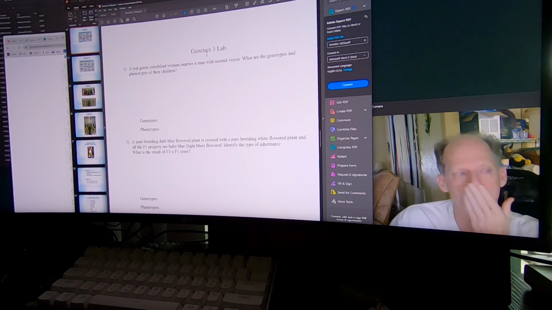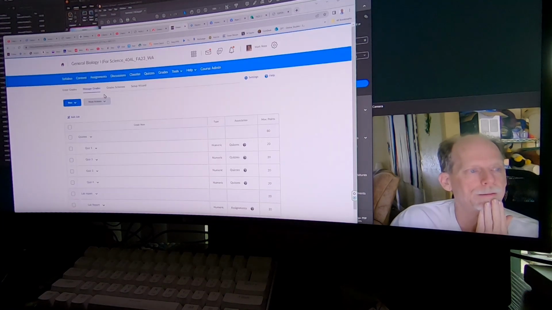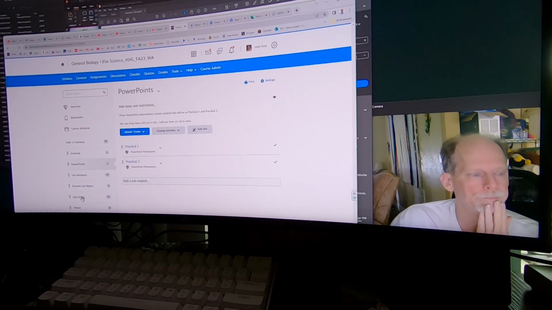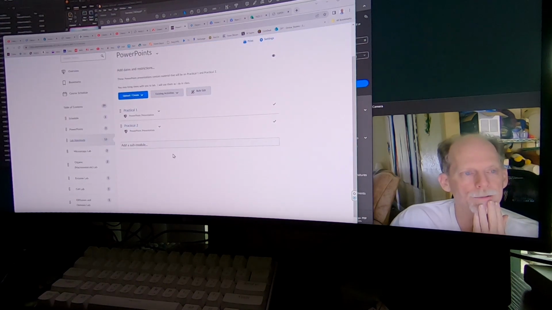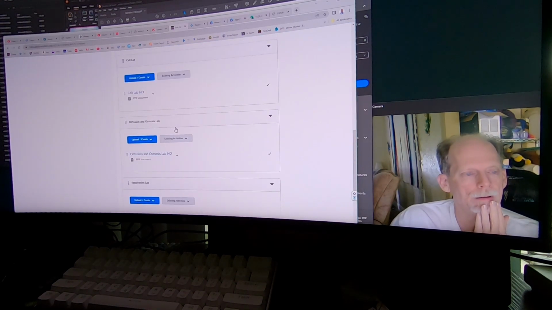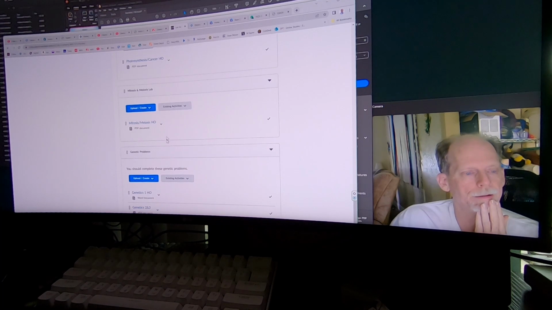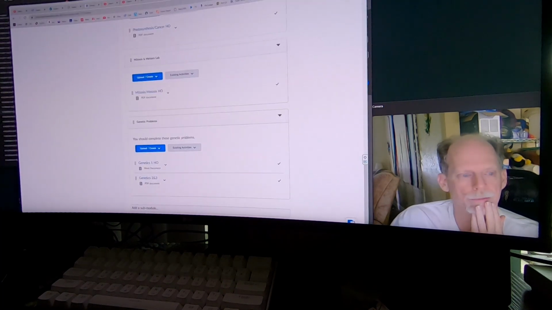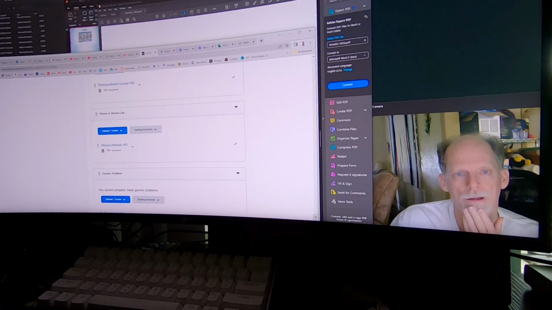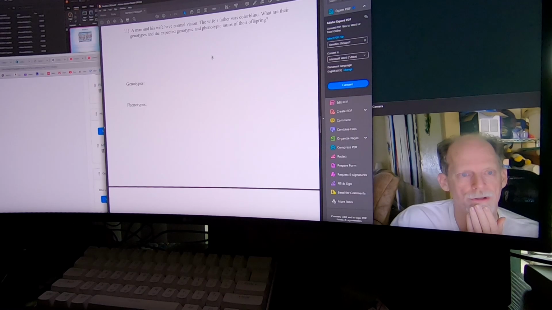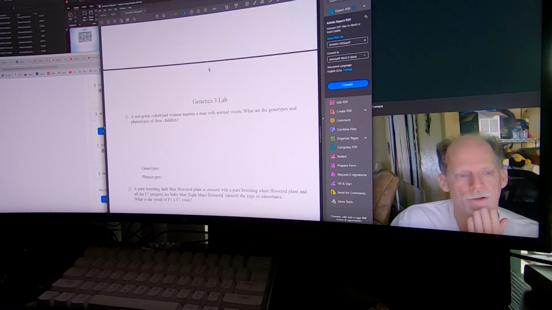So if you look into the content section, right, you'll see it as just one, under lab handouts. There's the Genetics 1 handout, and then 2 and 3 are together. But under the 3, right, you have this is Genetics 2, and then it turns into Genetics 3.